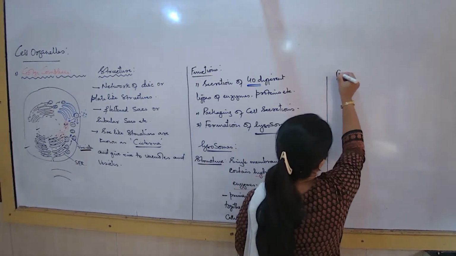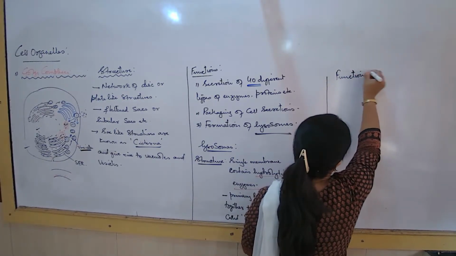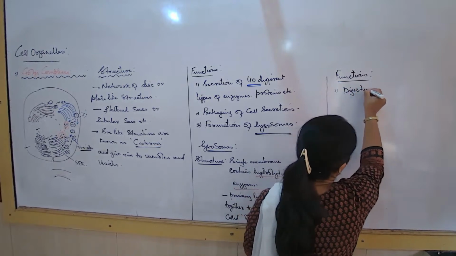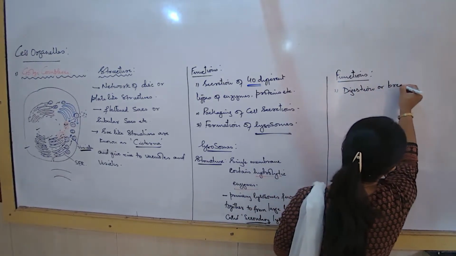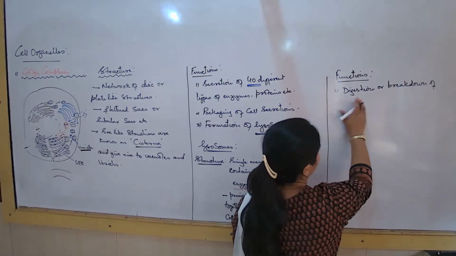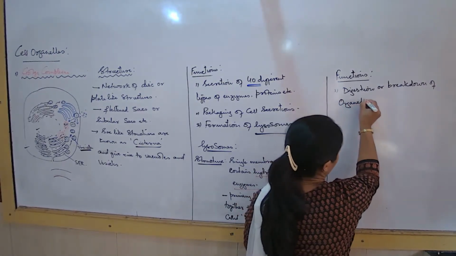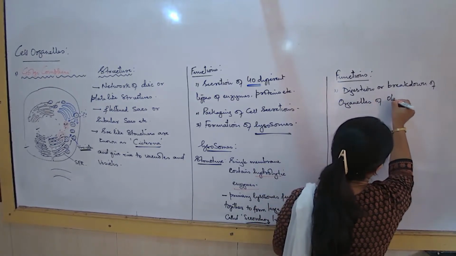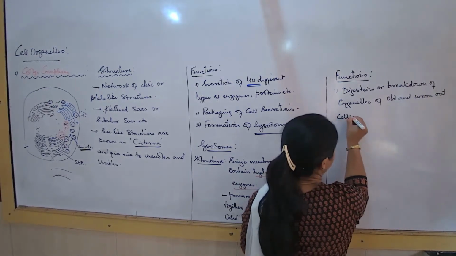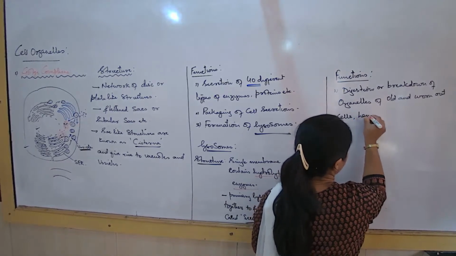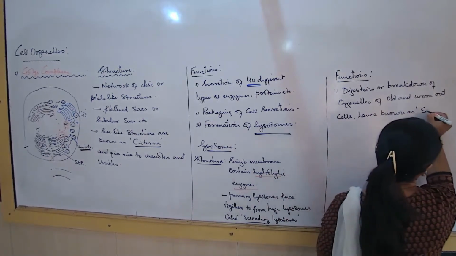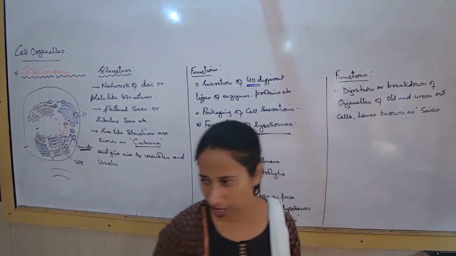If I have to talk about the function of the lysosomes, number one, they can help in the digestion or breakdown of the organelles of the old and worn out cells. Hence it is known as the suicidal bag.